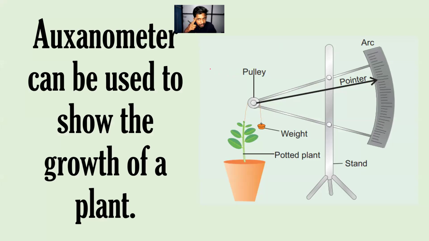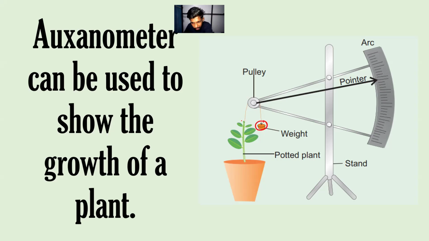In one of the papers, they have asked what is the special feature of the axonometer, why we were using the axonometer to measure the growth of the plant. Listen here. We have attached a small weight here.